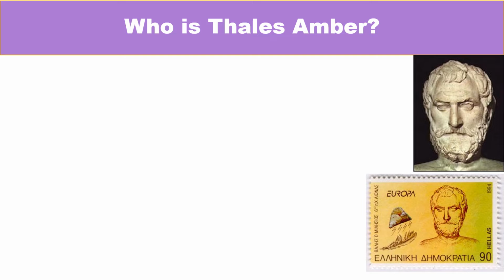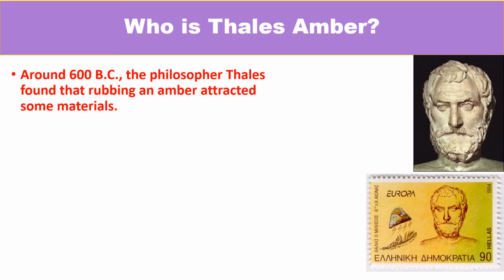All right, so the very first person who discovered this phenomenon of static electricity, which is the attraction of multiple matters due to friction, is Thales, in ancient Greece. Around 600 BC, the philosopher Thales found that rubbing amber attracted some material.